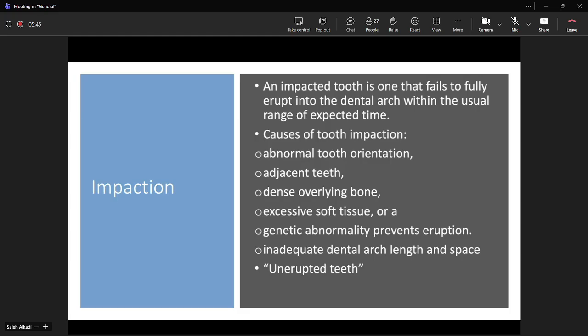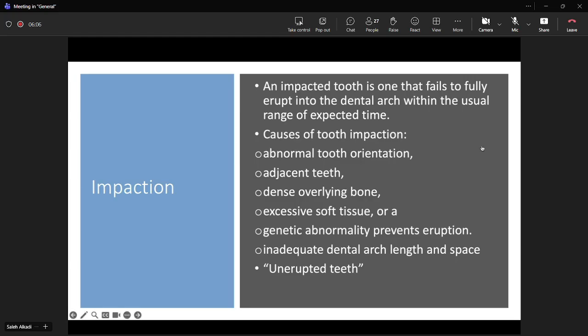Sometimes the problem is with the soft tissues, like having excessive soft tissue in the area where the tooth must erupt. Scar tissue and dense soft tissues, in cases like fibromatosis, may impede this tooth eruption.